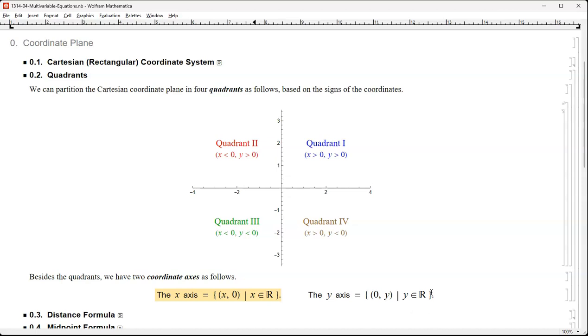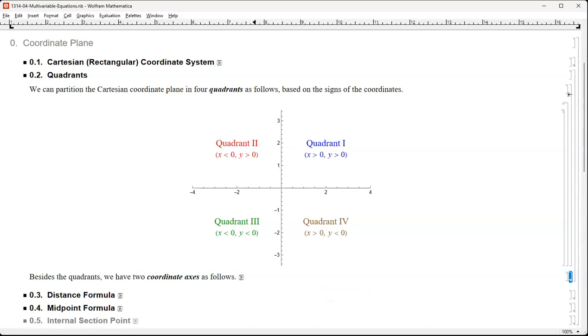Likewise, the y-axis, (0, y). Those define the y-axis. So if you want any point on the x-axis, set y equal to 0 and look for x. If you want a point on the y-axis, set x equal to 0 and look for the y value. That's the key.